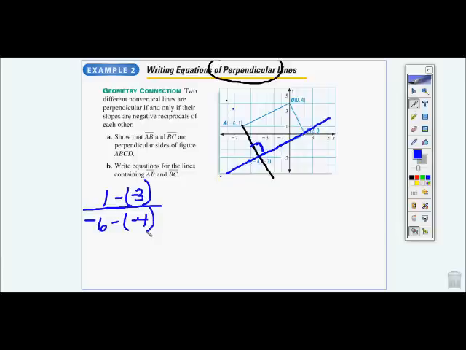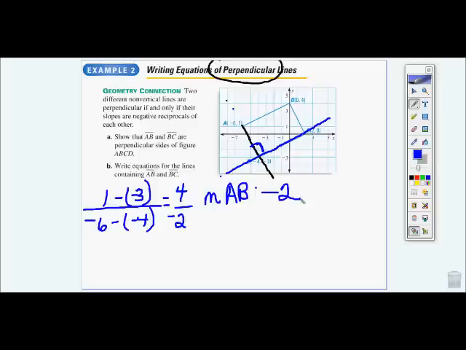So the slope of AB is going to be 1 minus a negative 3, so that would be add the opposite, so that's 4. And 6 minus a negative 4, again, add the opposite, so we would get negative 2. So the slope of AB is going to be negative 2.